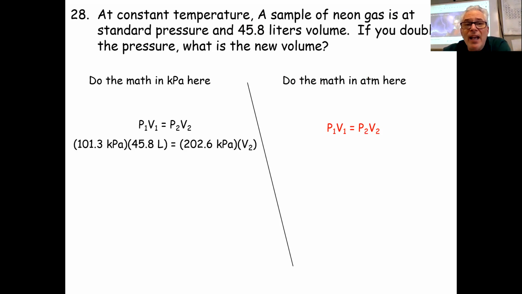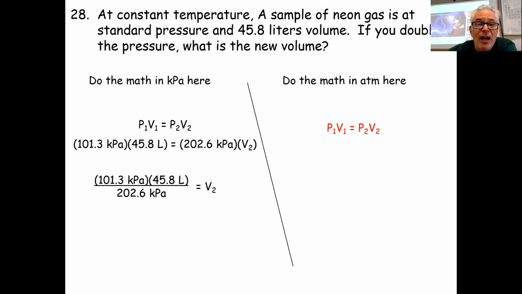We're going to do it in kPa. Standard pressure is 101.3 kPa, and the balloon is 45.8 liters. If we double the pressure, that means 2 times that, the pressure goes up to 202.6 kPa. What's the new volume? Well, we got to get the volume by itself, so we're going to divide both sides by 202.6 kPa. The kPa's are going to cancel, which is good because the unit that's left is going to be liters.